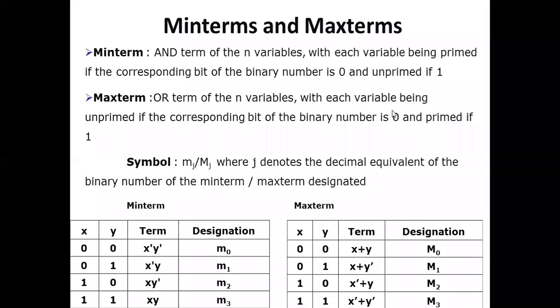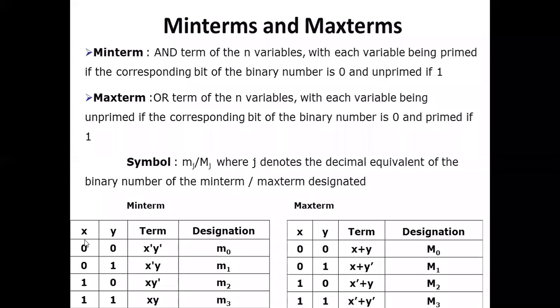And then about min terms and max terms, I think we need a quick revision, mainly because we will be using this in today's lecture. So what is a min term? It's an AND term of the n variables, with each variable being primed if the corresponding bit of the binary number is 0 and unprimed if it's 1.